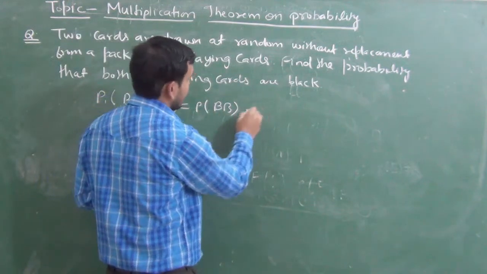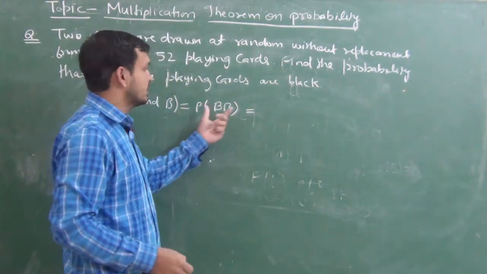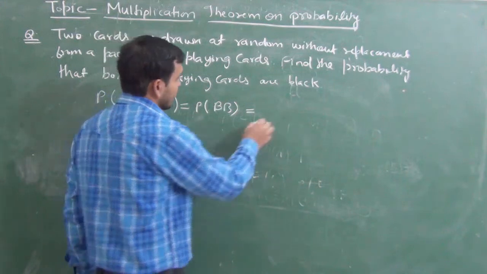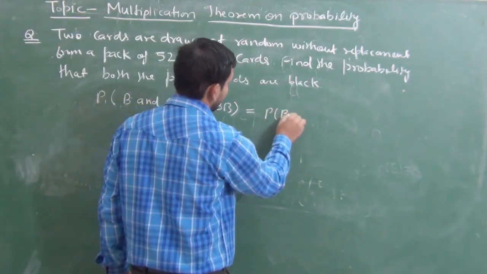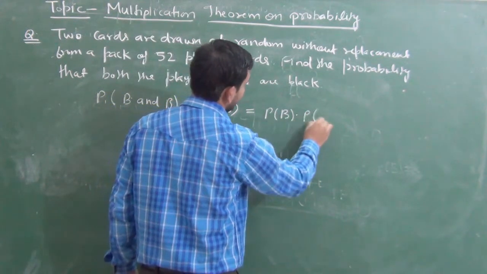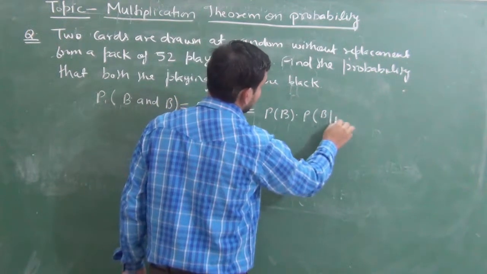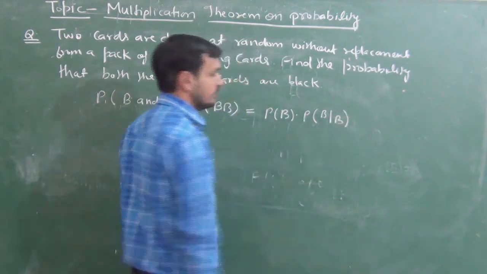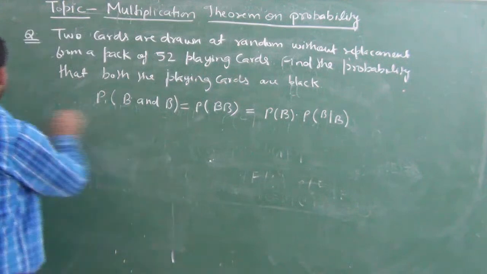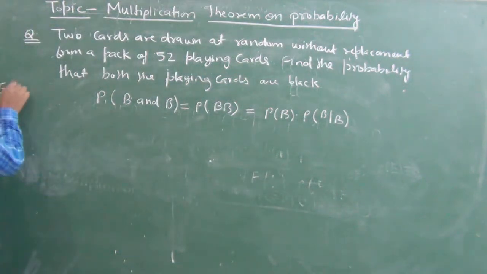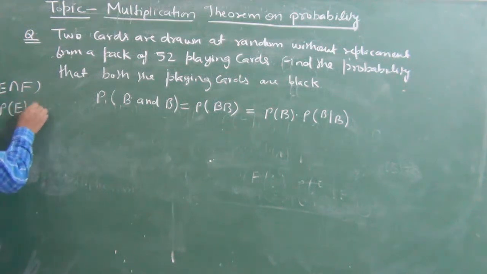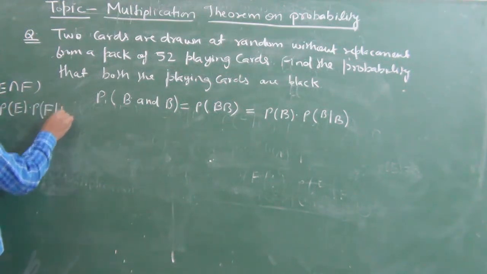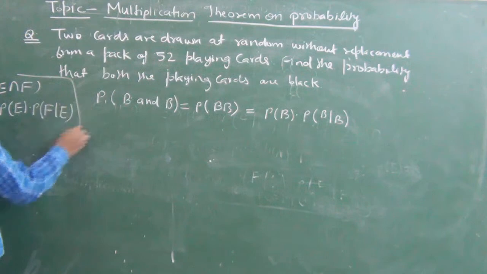So by using the multiplication rule, this can be written as probability of B into probability of B when B has occurred. You know that probability of E intersection F is equal to probability of E into probability of F when E has occurred.